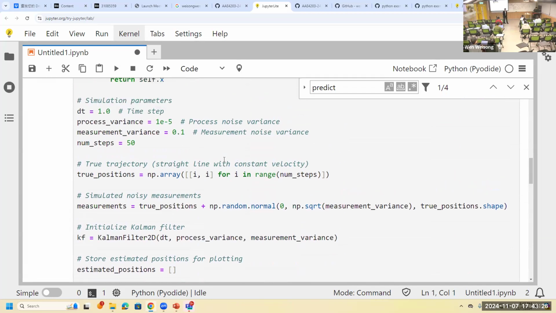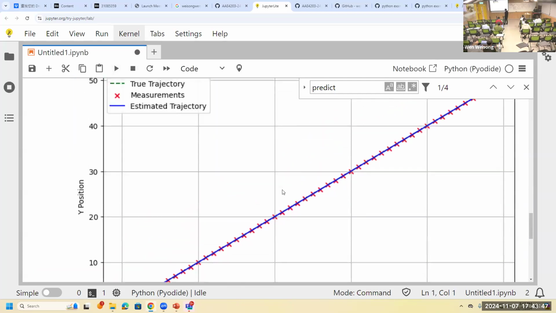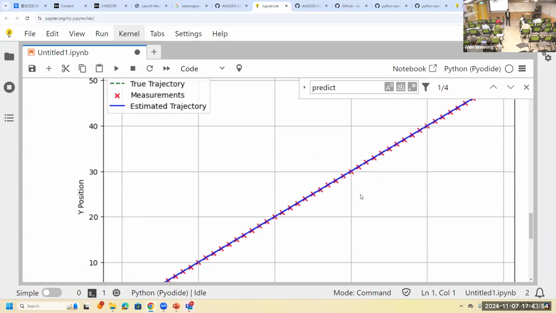A lot of people try to tune the R. R means how much you trust the GPS, or how much you trust absolute measurements. If you tune it up, it's going to be different. If you set the measurement noise to be 0, the result is going to be exactly the same as the ground truth. Zero means no noise in the measurements, so it's going to be perfect.